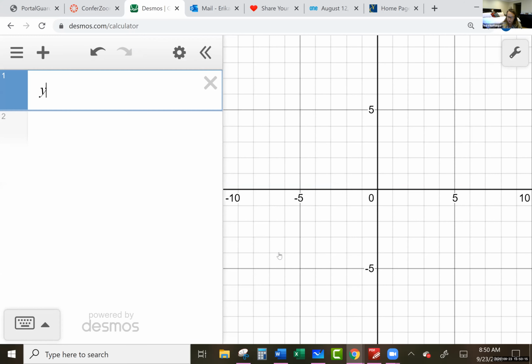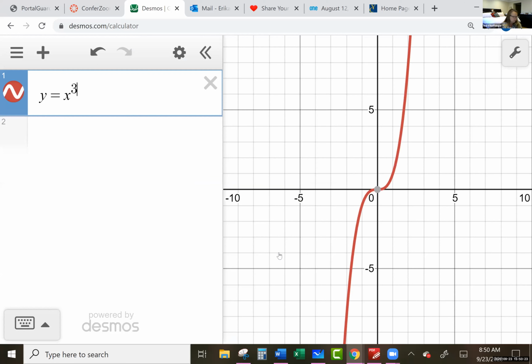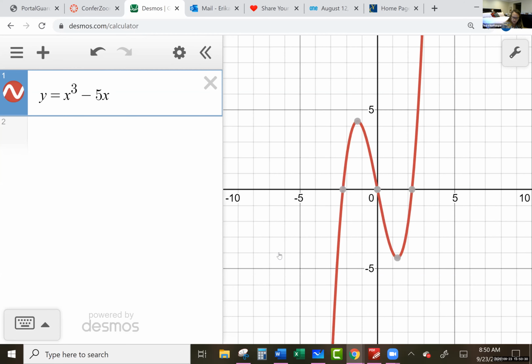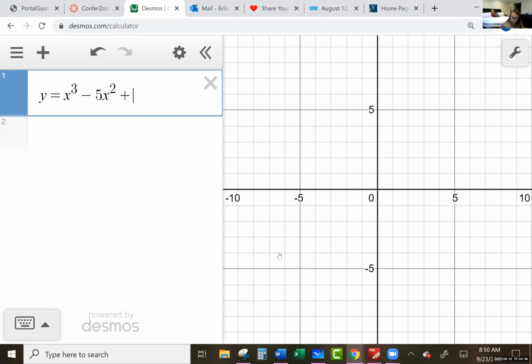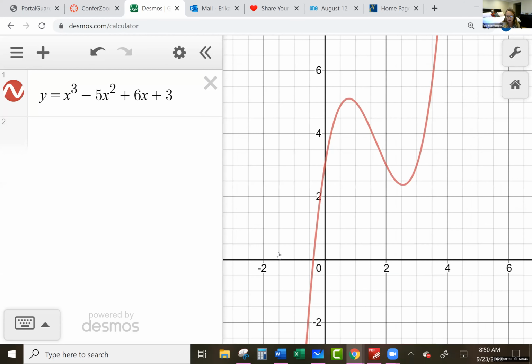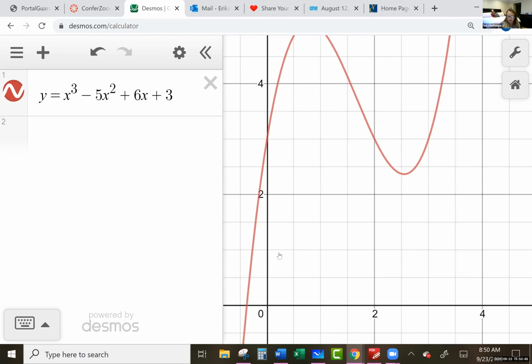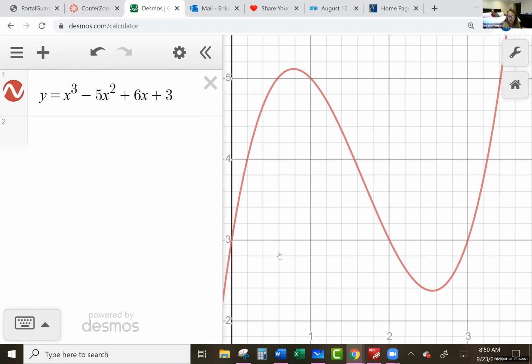Okay, so we just took the derivative of y equals x cubed minus 5x squared plus 6x plus 3. And then we were asked to find when the graph of this function has horizontal tangent lines.